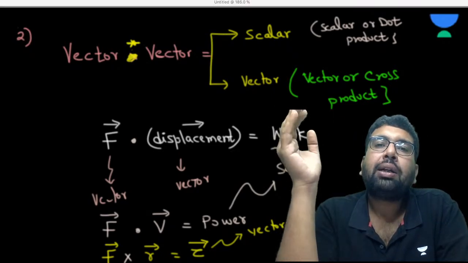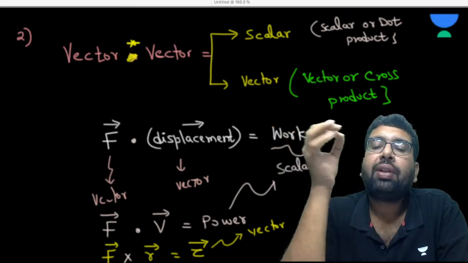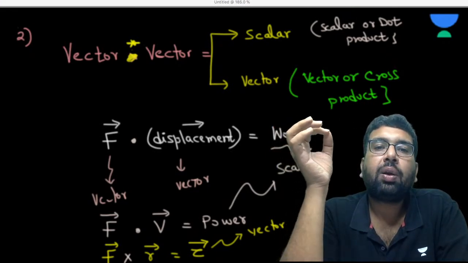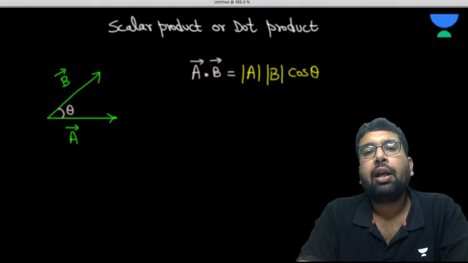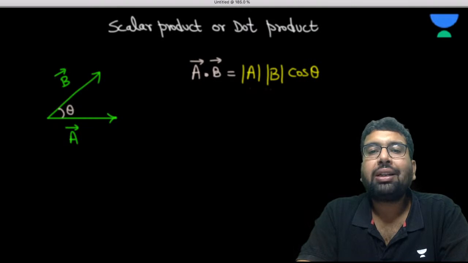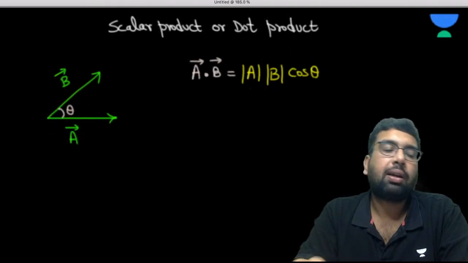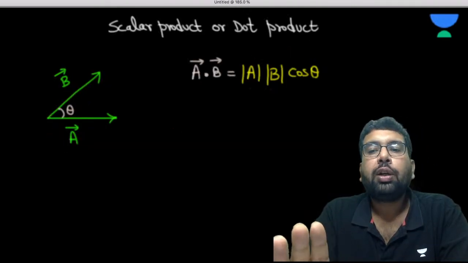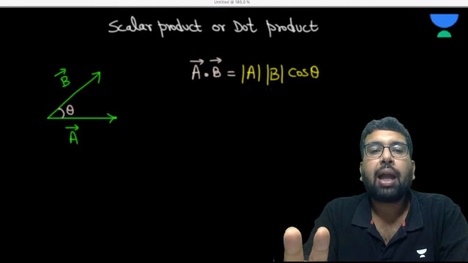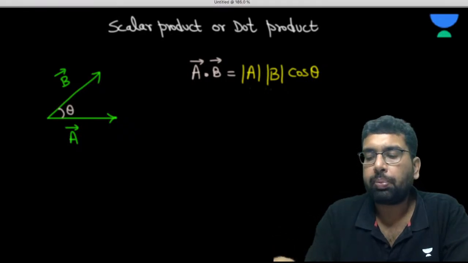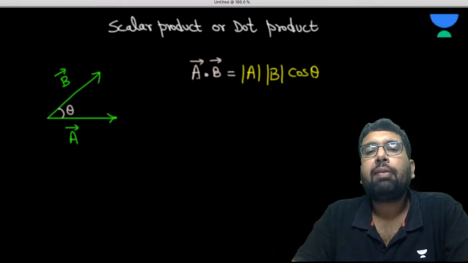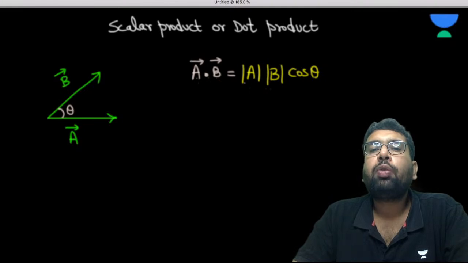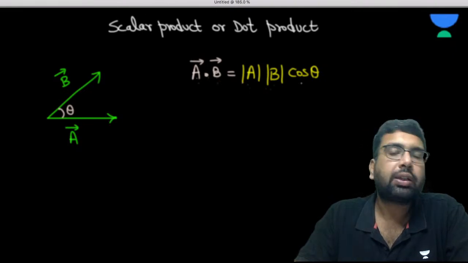So if two vectors multiplied give a scalar, we are not doing anything with the direction of the result. There is no issue in that. Now please understand this. What is the scalar product? Let's come back to the formula. When two vectors are multiplied, vector A dot product with B, the result is the magnitude of A, magnitude of B and cos theta.